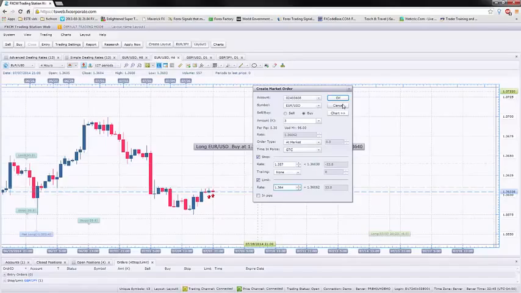That might sound confusing, what I just said, so I'll just repeat myself. Again, let's just say you have a $1,000 account. So your goal is to not risk more than $10 a trade. How do you calculate that risk? You calculate it based on what your entry point is on the trade and what your stop loss is. So that gives you how many pips you're going to be risking.